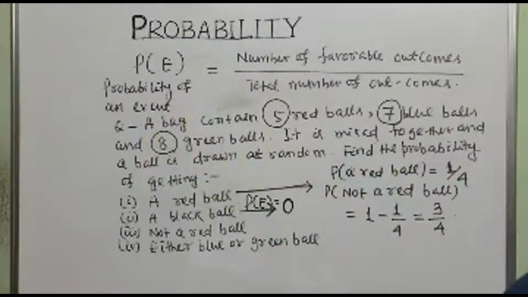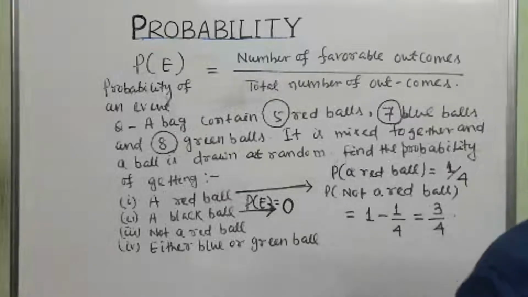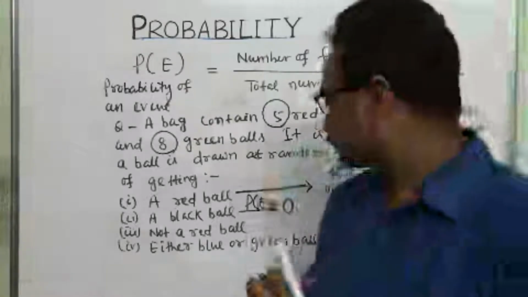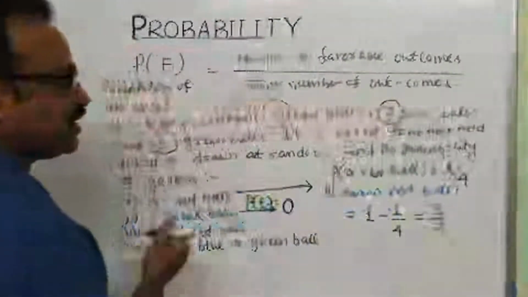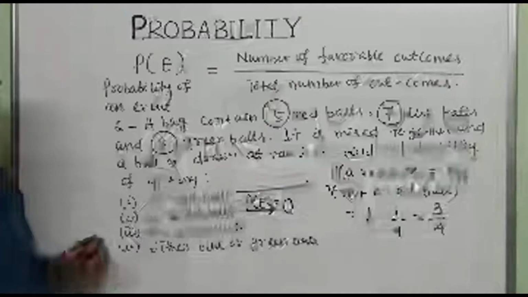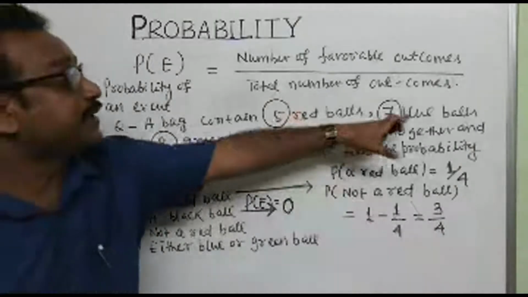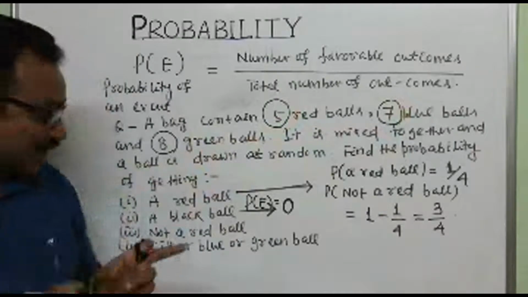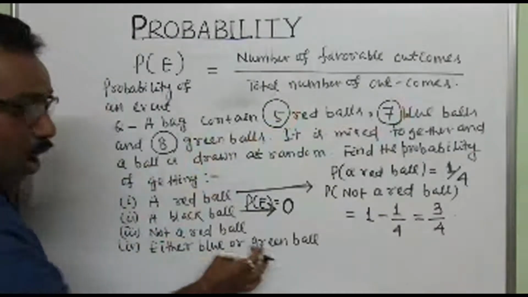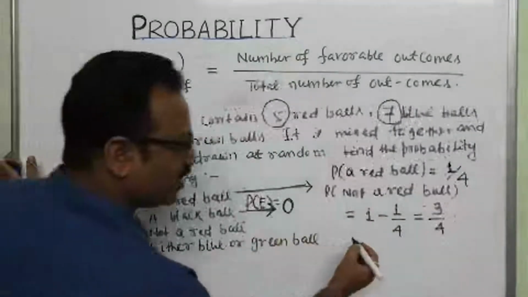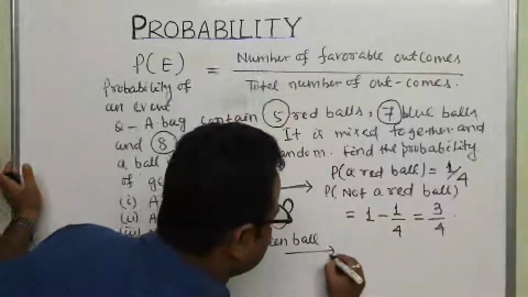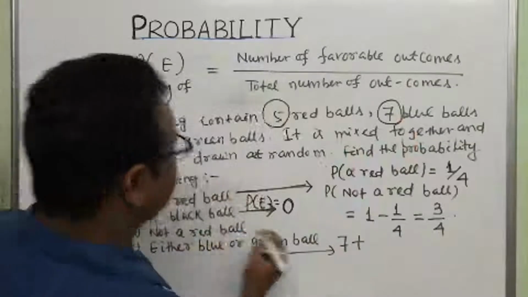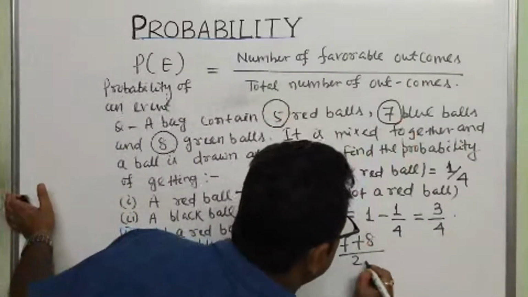Or not a red ball means what? Not a red ball means maybe blue or green ball. That is given. Either blue or green. So here we can find blue 7 plus green 8 by total 20.